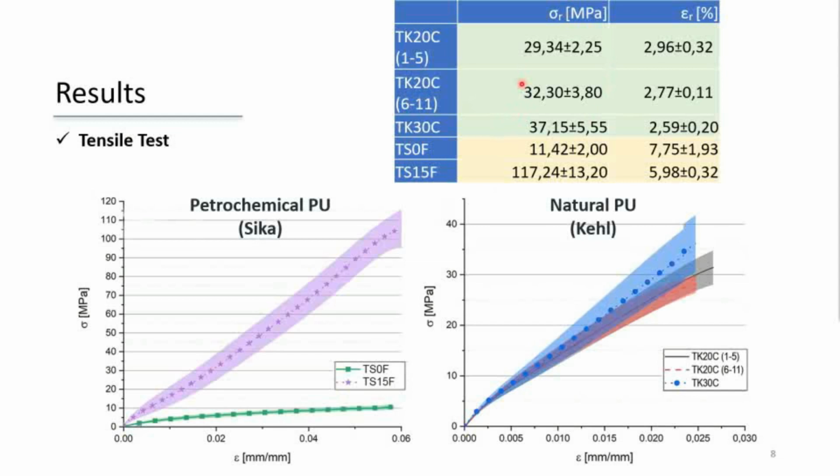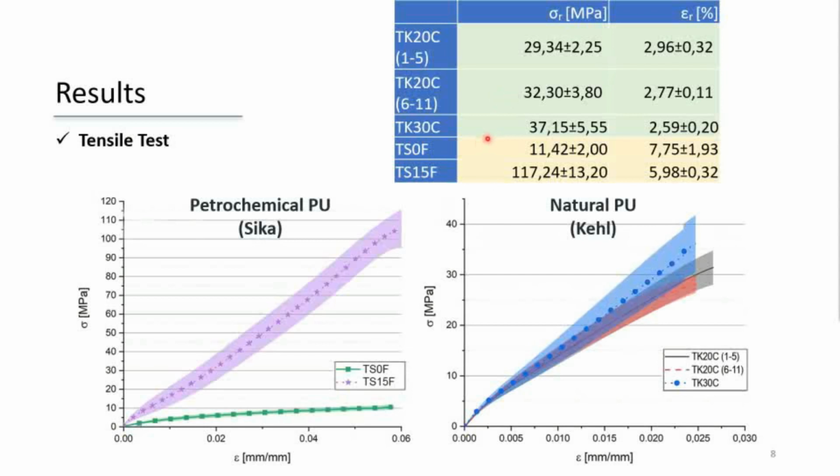And about the Cal materials, compared to pure resin, which according to the literature has a tensile strength of 20 megapascal, the particles also acted as a reinforcement, and an increase in the strength is noted. The samples with 20% of calcium carbonate had average values of 29 and 32 megapascal, a small increase due to the better homogenization on the second batch, which reduced the effects of calcium carbonate as a stress raiser in the composite.